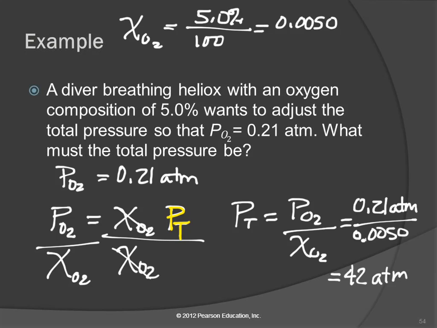Yeah, that's because I did this in my head and I put an extra 0 in there. It's 0.05, so it's actually 4.2. Well, let's just really fix that. 4.2 atmospheres. So if you have 5% Heliox, then you need to have a 4.2 atmosphere total pressure to get your 0.21 atmospheres of oxygen.